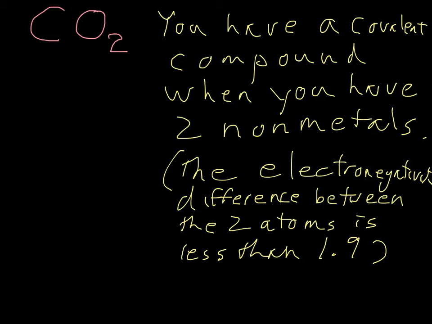Huh? What's electronegativity? If you're in my class, we've covered it in a different lecture. If you're not in my class, don't worry about it, because as I said, that's the very formal rule.